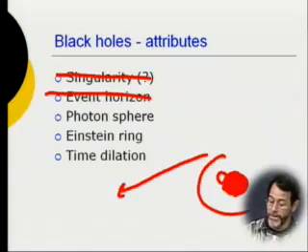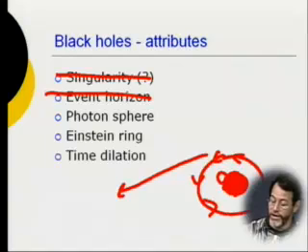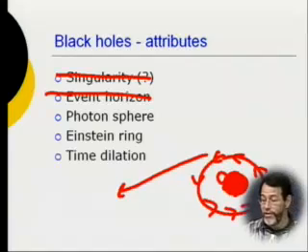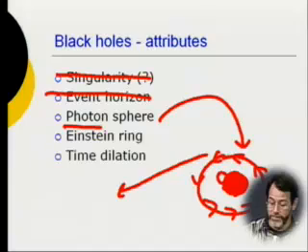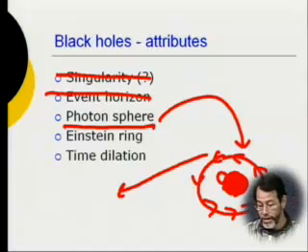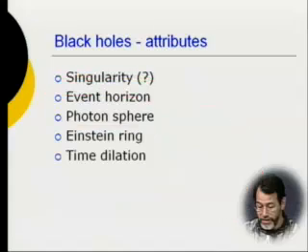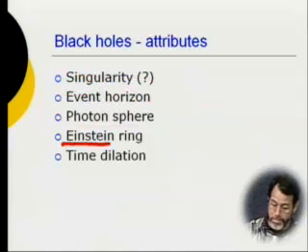But in the middle, photons, light, can do an orbit around the black hole. And when photons can do an orbit, that's called the photon sphere. We'll review these as the slides come by soon. So the next one is the Einstein ring.